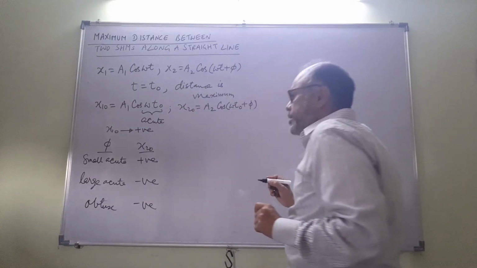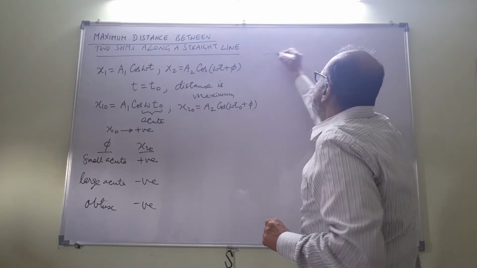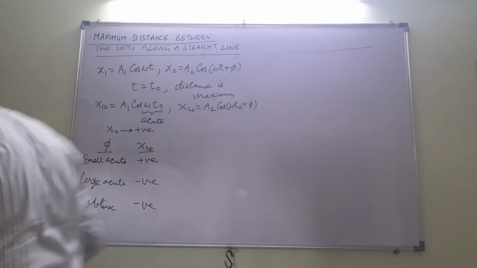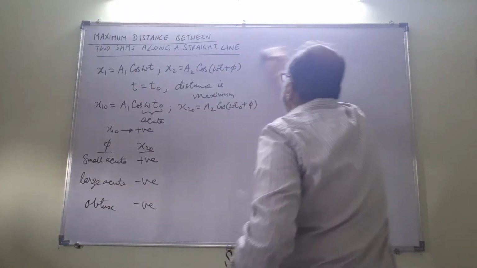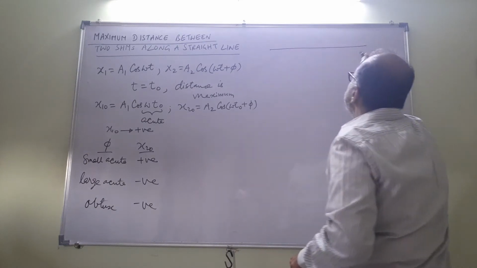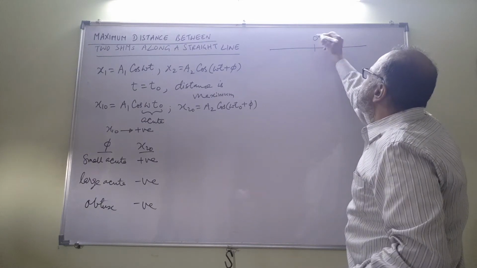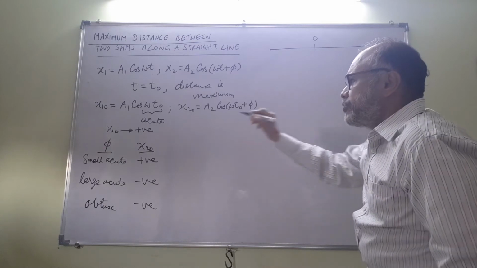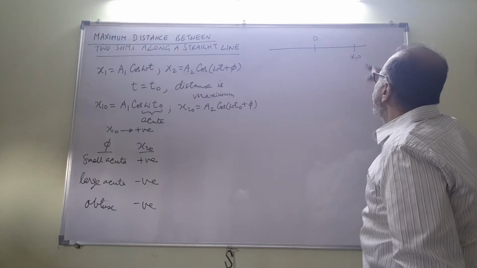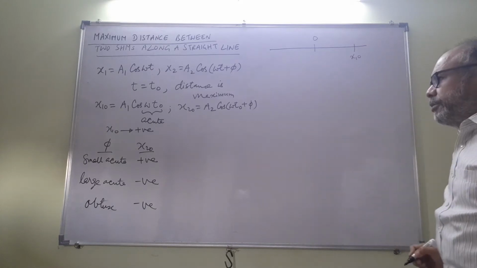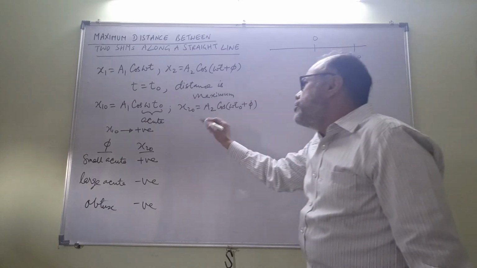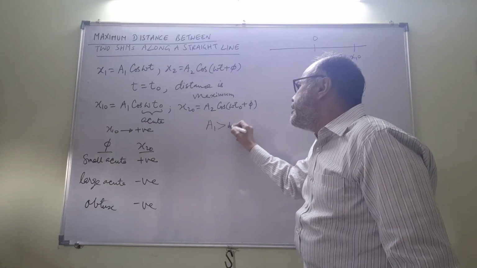Let us try to understand this on a straight line. Supposing this is the straight line which we are showing here. This is the mean position E naught. So x1 naught, which is positive, is somewhere here. Now for x2 naught, we wish to assume that A1 is greater than A2.